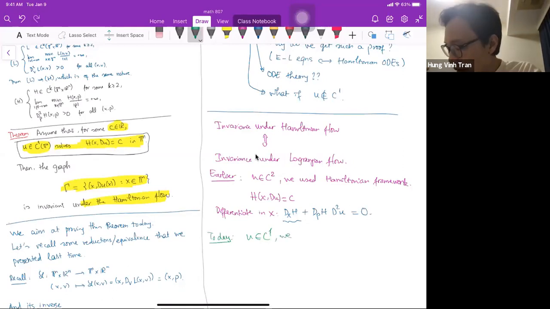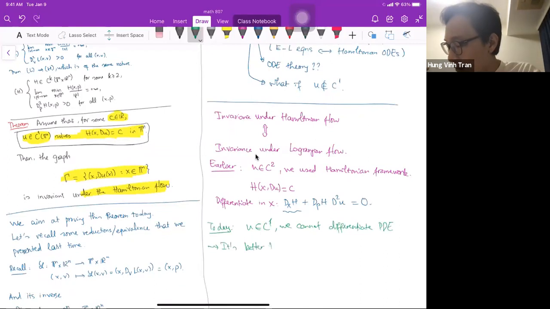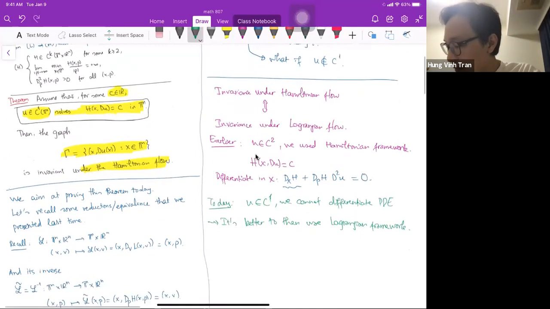We cannot differentiate the PDE. Again, it's an ad hoc point because we knew it already, but I want to explain eventually why. So it's better to then use the Lagrangian framework. That's what I want to discuss with you.